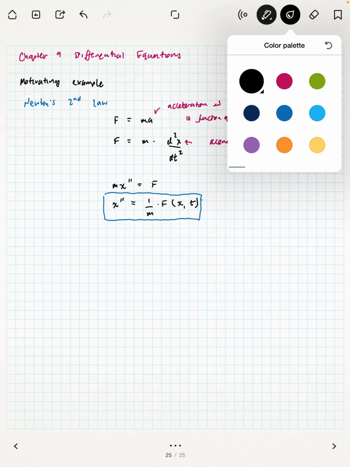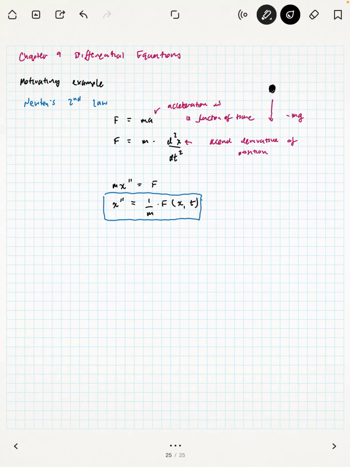I already talked about a ball getting pulled down, so the simplest possible example is free fall, no drag, so no air resistance. In that case, the force is just negative mg, which is constant.